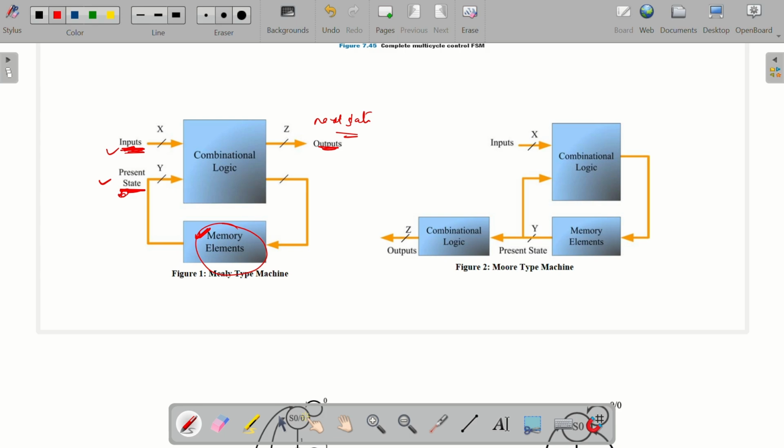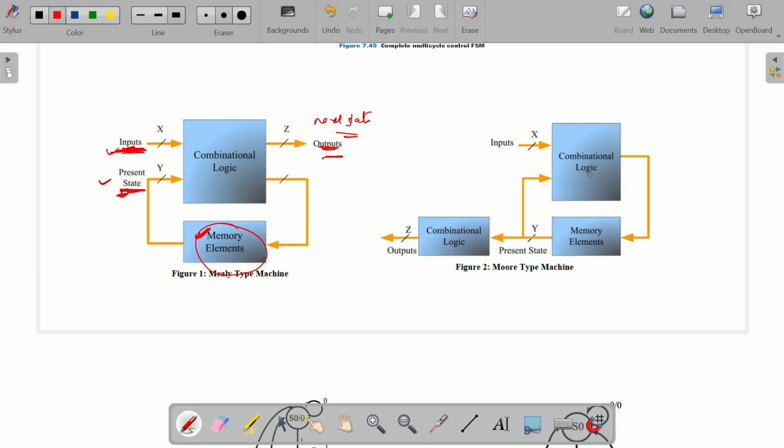This is not only depending on the clock, but it is also asynchronously depending on the inputs, because if your input changes, your output will also change. It will not wait for the next clock edge to arrive. As soon as your inputs change, your outputs will also change. So there is a possibility that it might asynchronously change with the inputs. It does not only depend on your previous state.